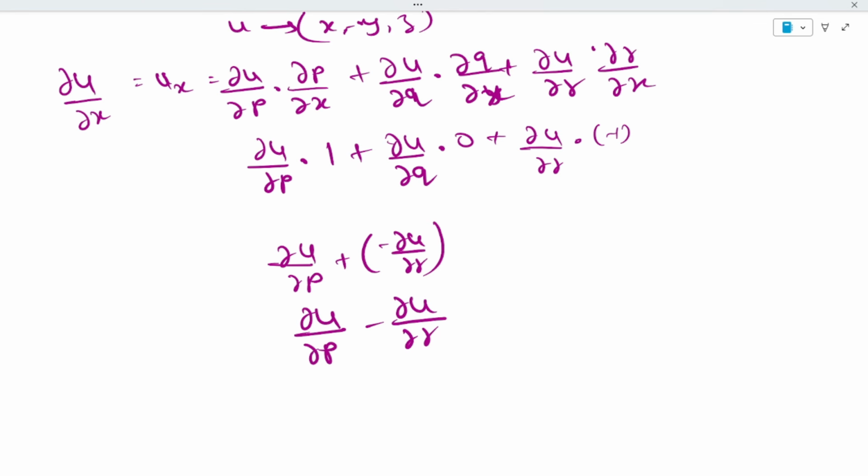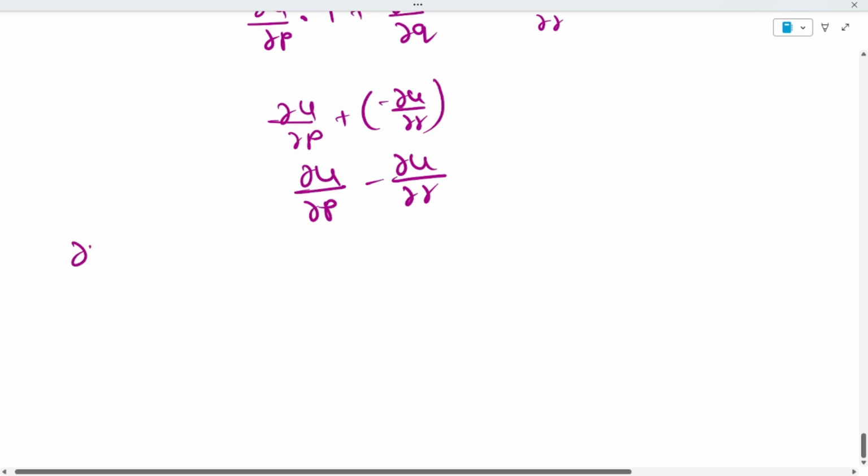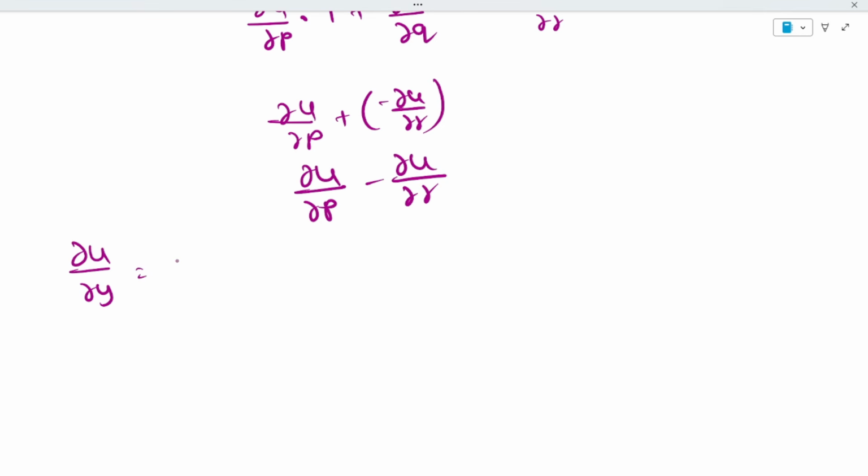Basically this is the idea. Now if you want to do it for del u divided by del y, that will be minus del u divided by del p plus del u divided by del q.